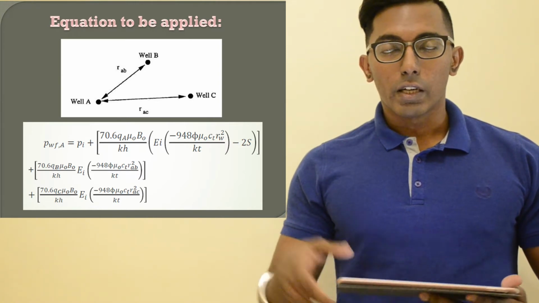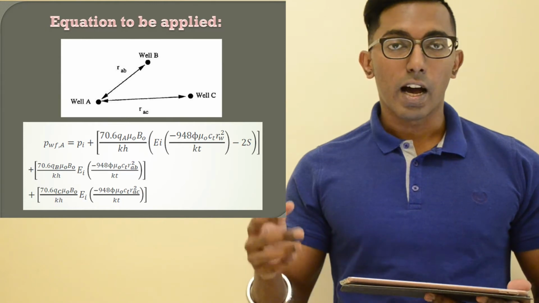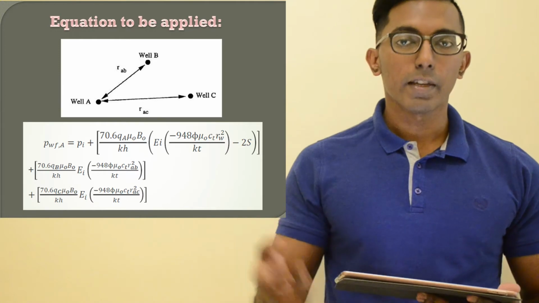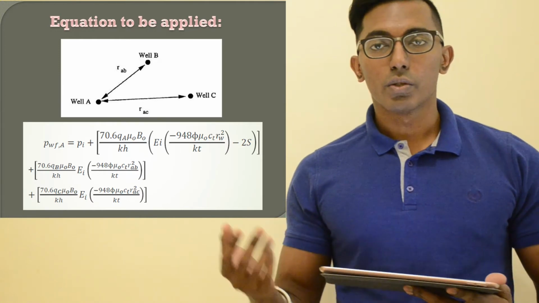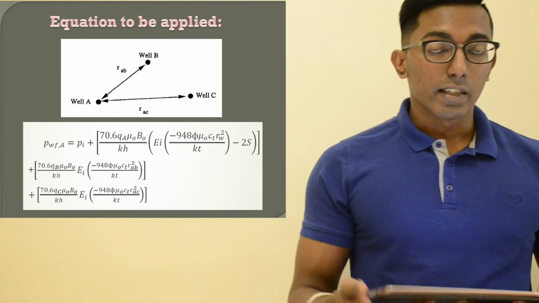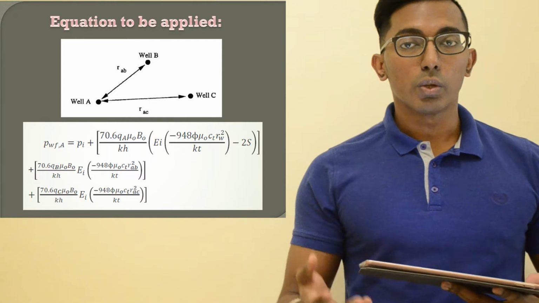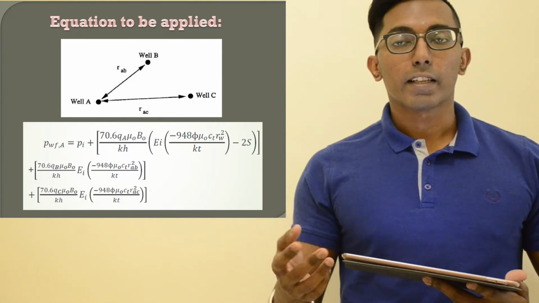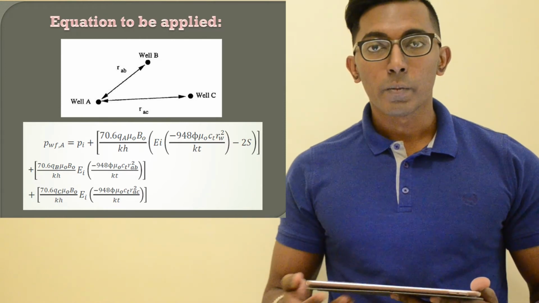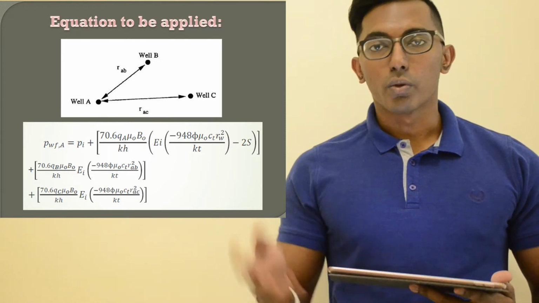In applying the equation, we use rAB to account for the effect of well B on well A, and rAC for the effect of well C on well A. As I said earlier, the skin effect can only be included for well A, our own producing well, and not the surrounding wells. That concludes superposition in space, and I hope I made it clear. Thank you very much.